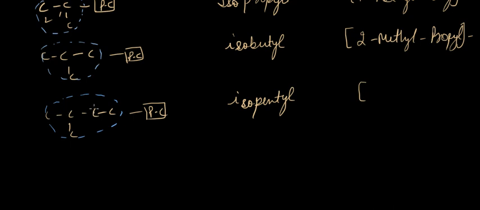Note in this case that the numbering would start from this carbon as the first carbon atom, not from this, because this is not a principal chain here. This is a substituent which is attached to the principal chain. So the carbon which is directly attached to a carbon atom in the principal chain is considered as the first carbon atom. So this is the first, second, third, fourth. So its name would be 3-methylbutyl.